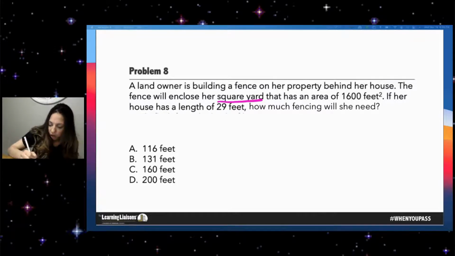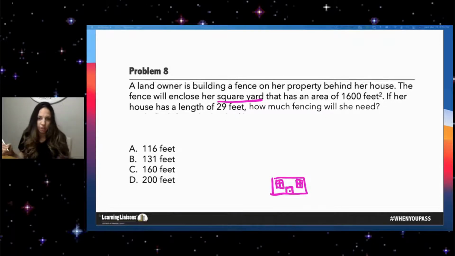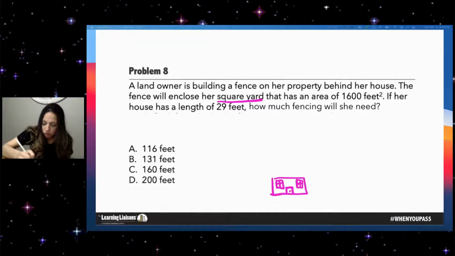So let's draw her house. Here's her house. I always draw a picture when it comes to geometry. And then she has a square yard. But what we don't know is if the yard goes like this, or if the yard goes like this and creates a square.